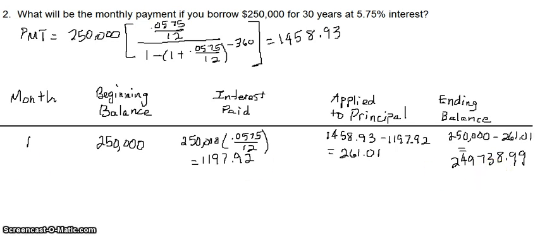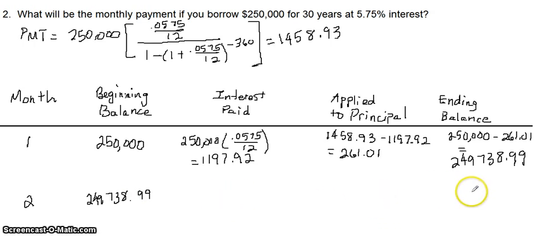Okay, so when we do month 2, we would start with the ending balance that we had at the end of the last month, $249,738.99, and then we would calculate our interest paid based on that. Now that's a little bit less interest, which means there'll be a little bit more principal.